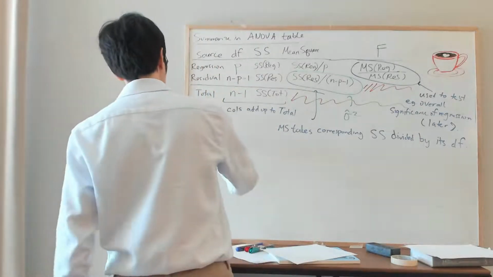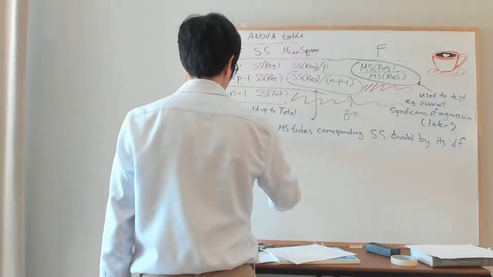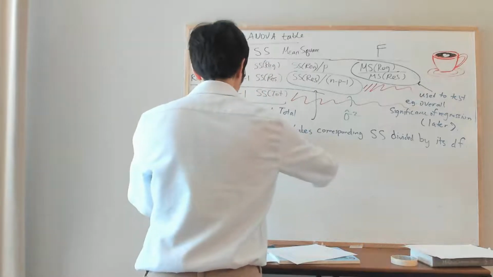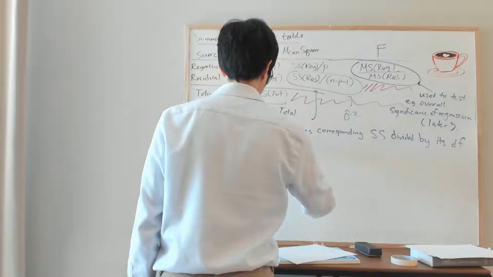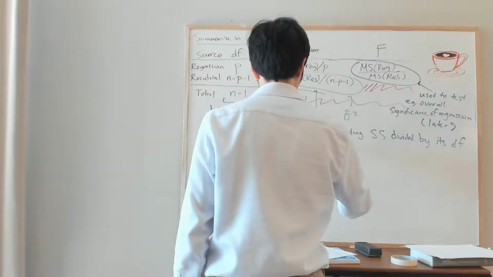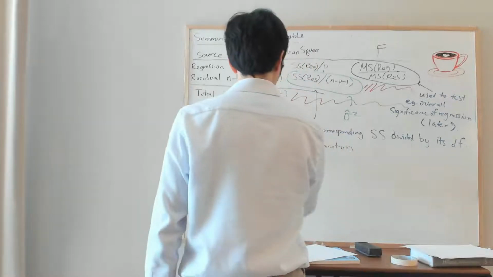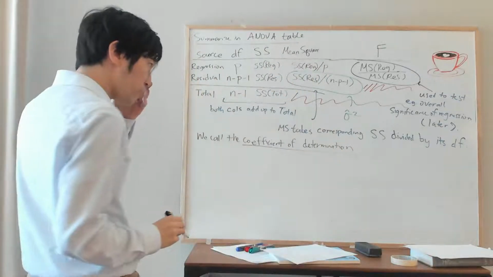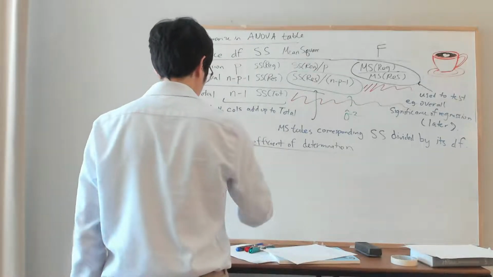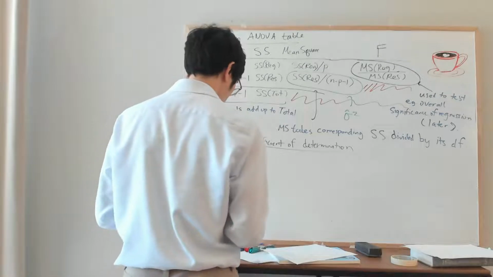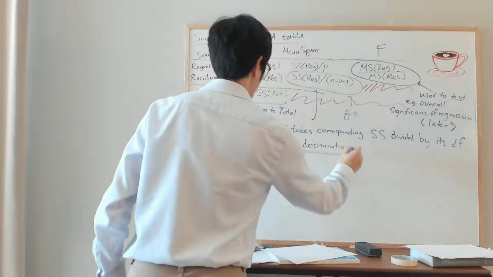Okay, so we call it the coefficient of determination, and the symbol for it is R squared with a capital R. So this is the coefficient of determination.